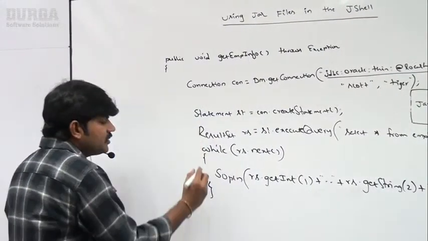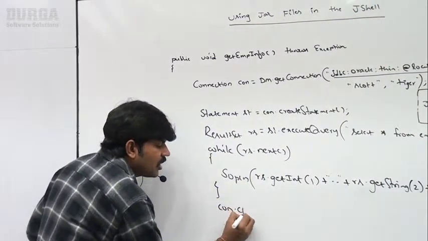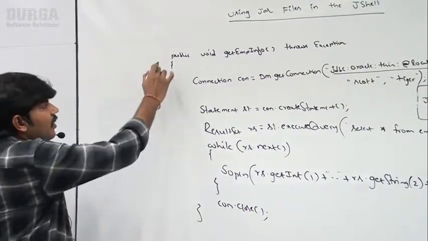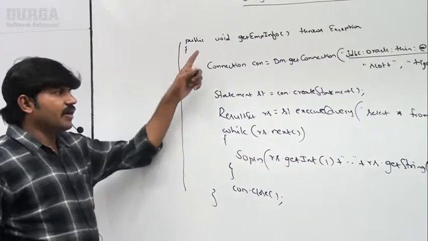That's all. At last, con.close, like this you can take. So this is the code we have, a method I have.